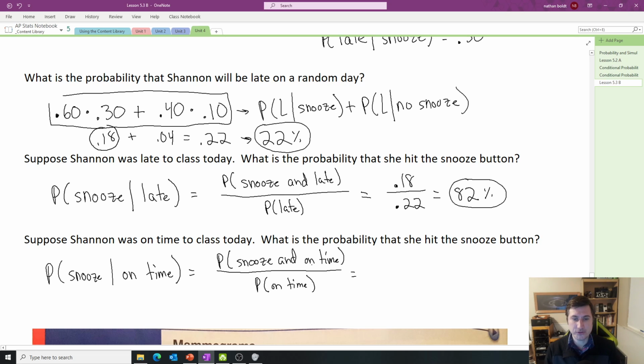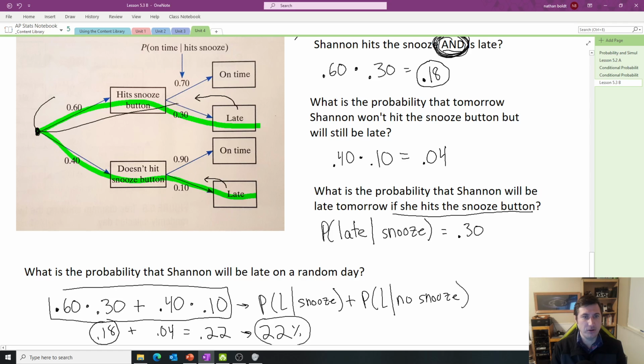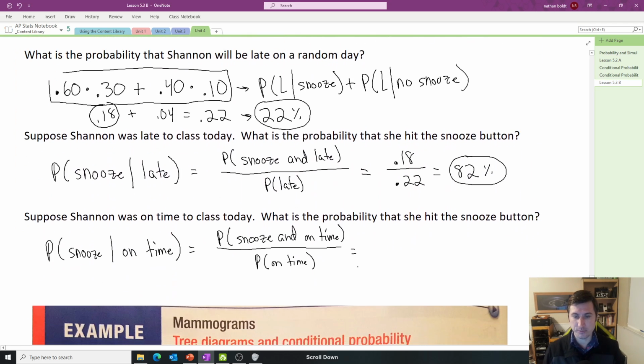The probability of a snooze and on time is right here, isn't it? I don't think we've done that one yet. So 0.6 times 0.7. So remember, an and statement, you can multiply along that tree diagram. So that is 42%.